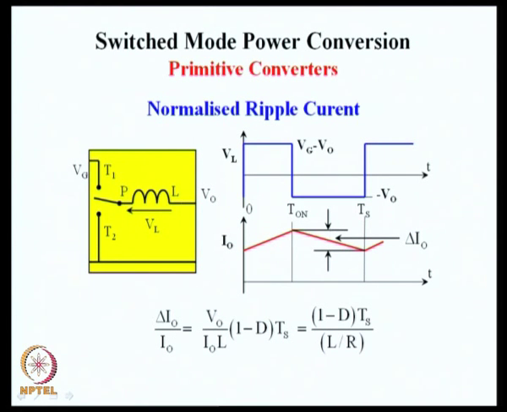The ratio of the peak to peak ripple in relation to the average current, delta I naught by I naught, is the same result as before divided by I naught, and V naught by I naught is nothing but the load resistance R. So, we replace this quantity by R and write it in a form which is 1 minus d Ts divided by L by R. This is the ratio of switching period divided by the time constant of the output circuit, L and R time constant, multiplied by 1 minus D.